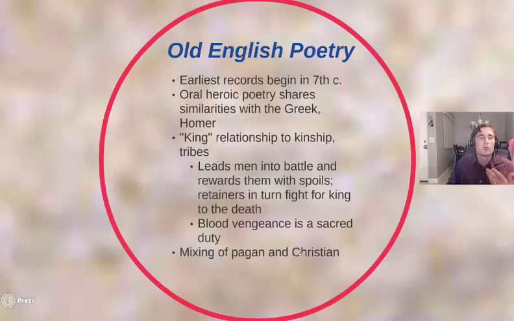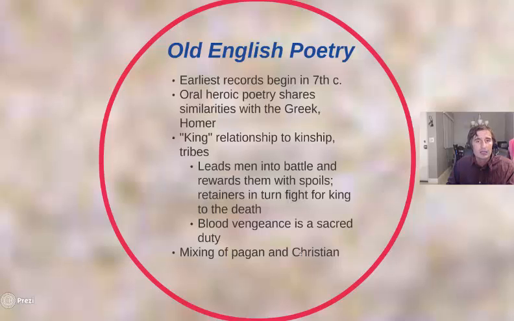You preach a religion of peace and forgiveness, for instance, but then you're invading villages and plundering them. Retainers in turn fight for the king to the death. They pledge their loyalty and they show their loyalty, and things like blood vengeance.